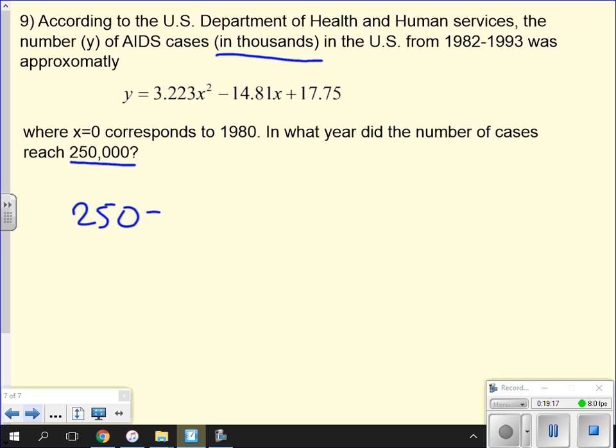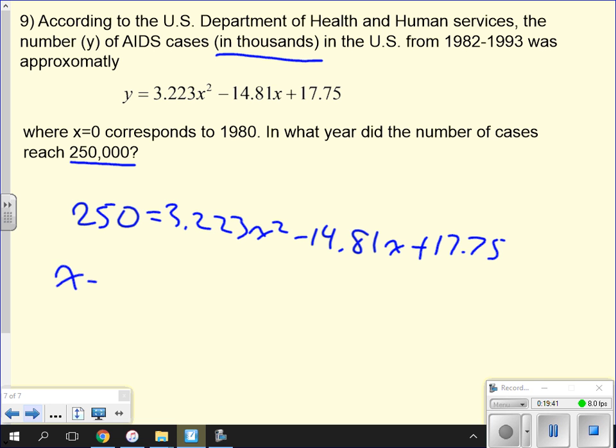250 equals 3.223x squared minus 1.481x plus 17.75. Set it equal to 0 and graph it and solve it. There's a problem. Your graphing window will not give you all the answers. When you graph and you put it in the window, you will get a zero of negative 6.496.